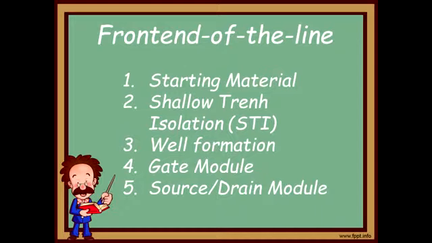And now, gate module includes processes to properly define gate electrodes on a thin oxide. And then the last process under the front end of the line processes is the source or drain module. Okay.